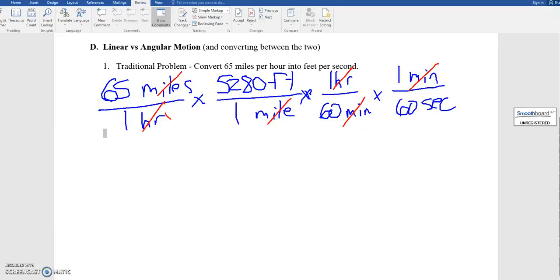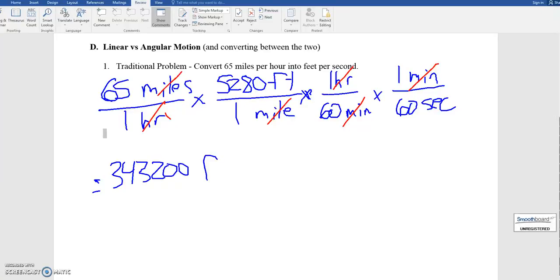I'm going to do this in two parts, a numerator and denominator part. 343,200, and that unit would be feet. My denominator would be 1 times 1 times 60 times 60. That is 3,600, and that unit would be in seconds.